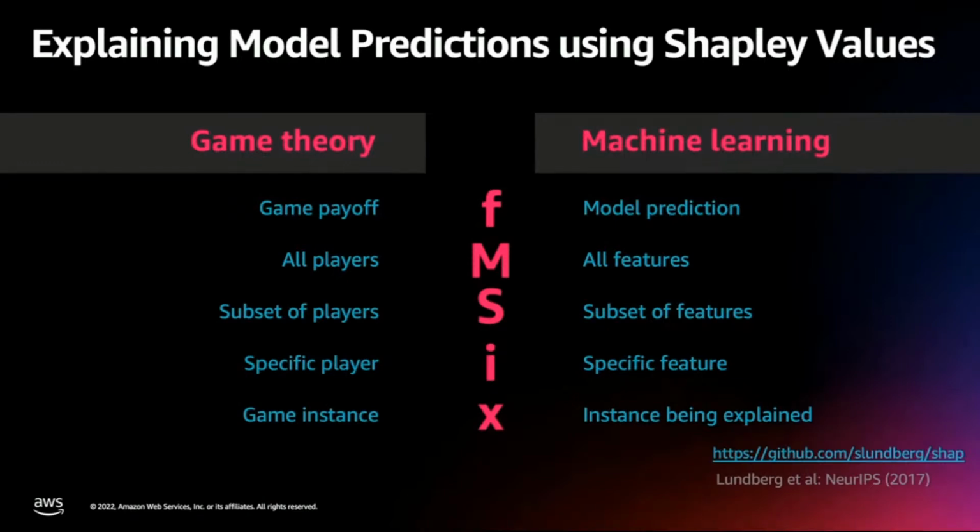And then we're going to be talking, of course, about explaining individual machine learning instances. The translation to game theory is a game instance in a way. So remember our coalition of Alice, Bob, and Carol.